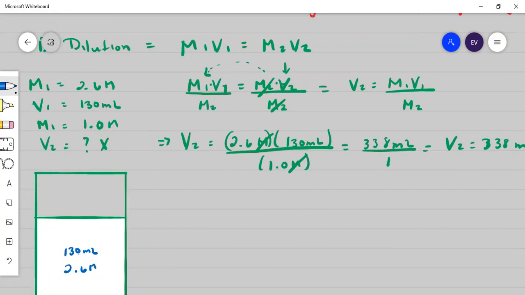So what this is telling me is I need to change the volume from 130 to 338. How much water, in this case, that's the solvent, how much water do I need to add? I have to change the volume from 130 to 338.